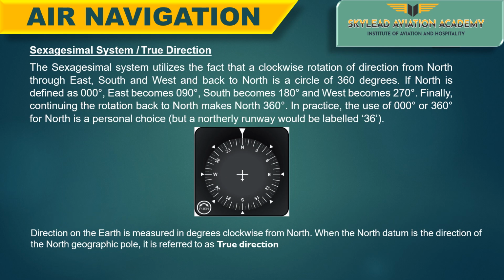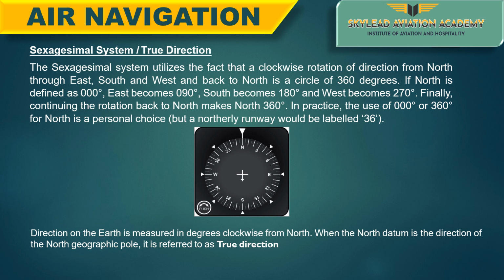So friends, the system which we use is called the sexagesimal system, which is also known as true direction. This system defines the direction in degrees from 0 to 360 degrees. The cardinal point north is at 000 degrees, but the convention to use is 360 degrees.